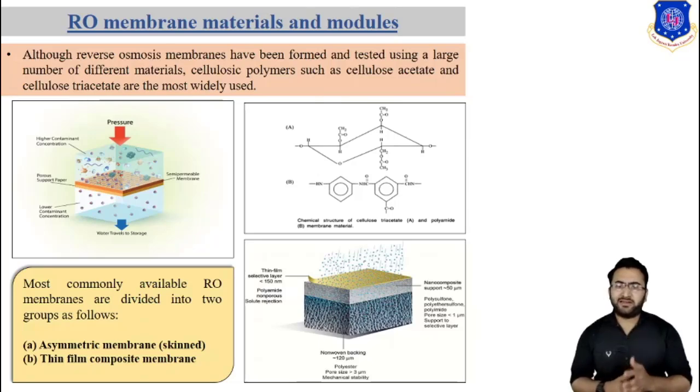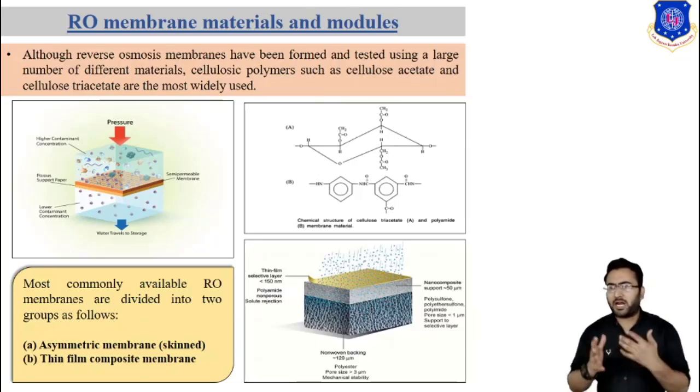The barrier layer is extremely thin, thus allowing high water flux. This membrane is generally made by interfacial polymerization, a process in which a highly porous membrane, usually polysulfone, is coated with an aqueous solution of polymer or monomer and reacted with a cross-linking agent in a non-aqueous solvent.